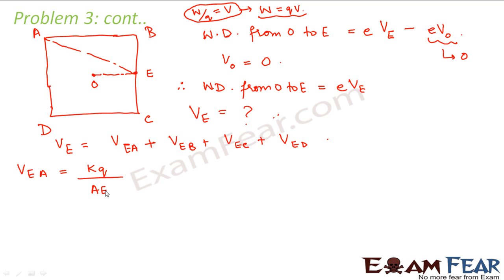Now what is the value of AE? If you look at the square, this length is A and this length is A by 2. Right? So using Pythagoras theorem, we can find out AE.